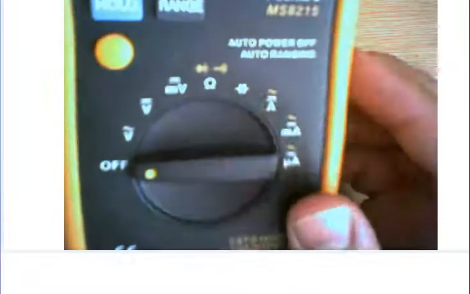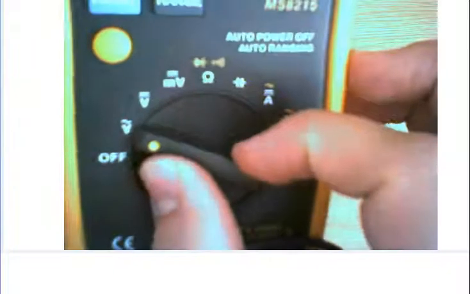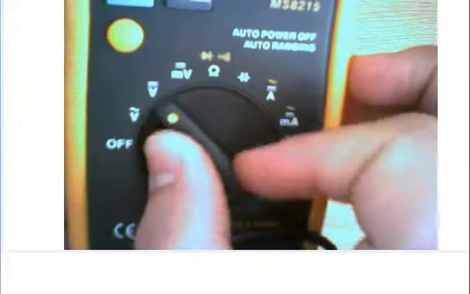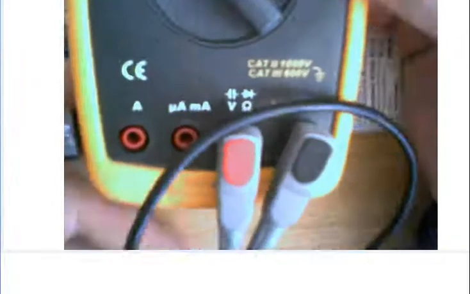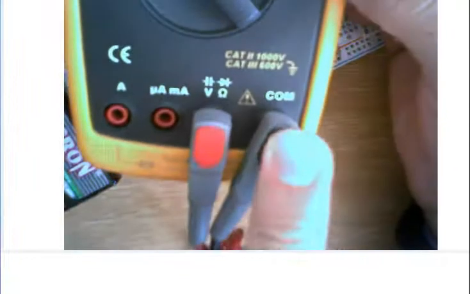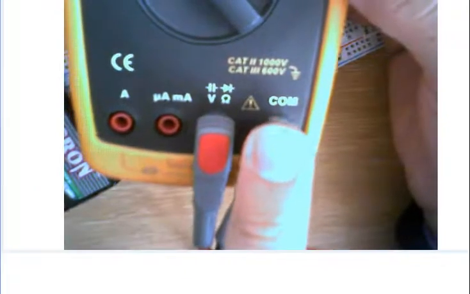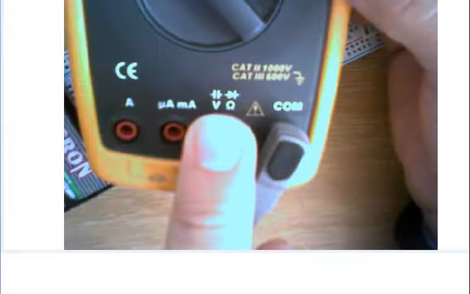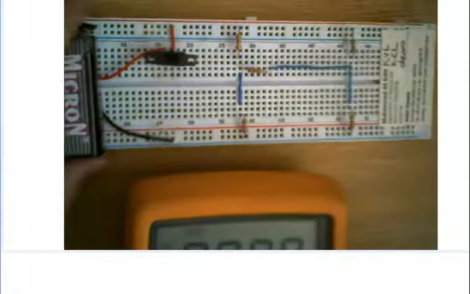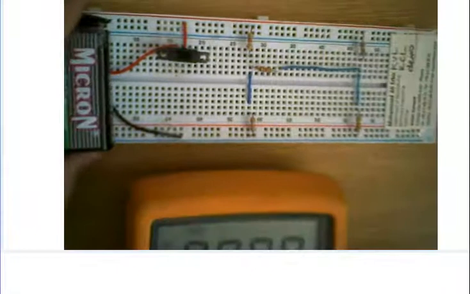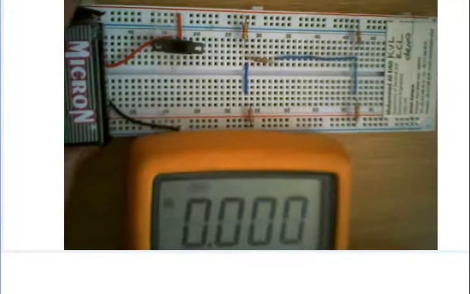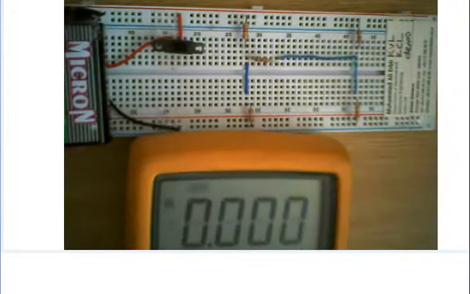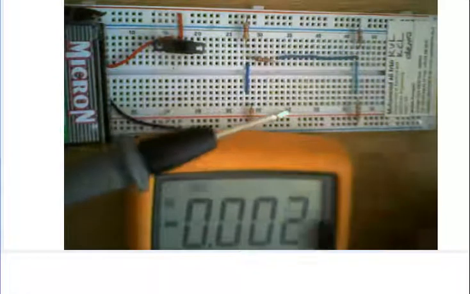This is my multimeter. To measure voltages, I should adjust the knob to voltage measuring, and the connections are like this. Black is connected to the COM port, and the red is connected to the voltage port. Now I can measure the voltages. This is the black probe.